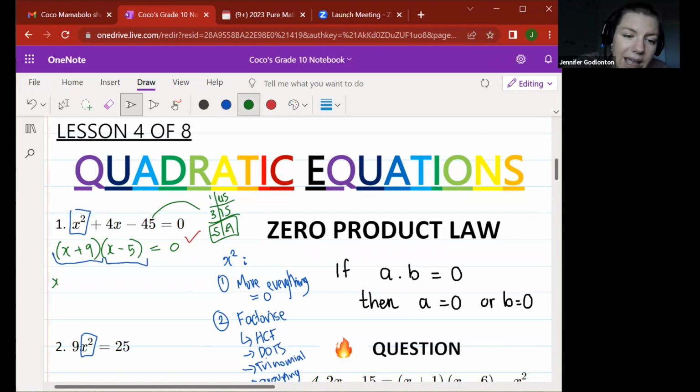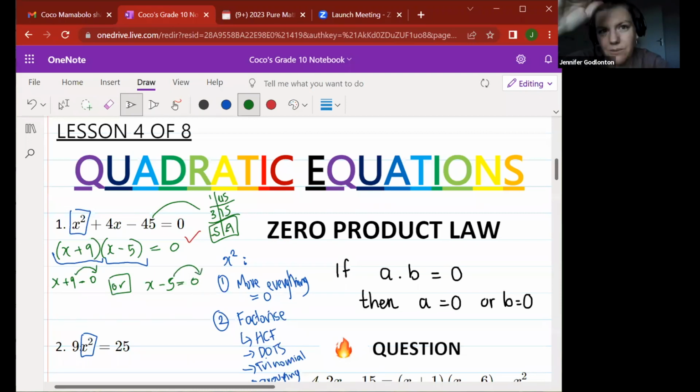So we're going to say x plus 9 is equal to 0, or that's the important thing, x minus 5 is equal to 0. And then this 9 is going to pop over onto the other side, and then 5 is going to pop onto the other side. And when they pop over, their signs change. So we're going to say, therefore, x is equal to negative 9, or x is equal to 5.